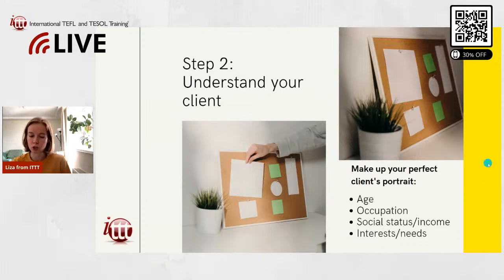So you just have to understand who you work for and who you offer services for. Even if it is a general English course, you still have to think about a perfect client for your services, because there are so many different segments of clients. Some people can afford lessons for $50 an hour.